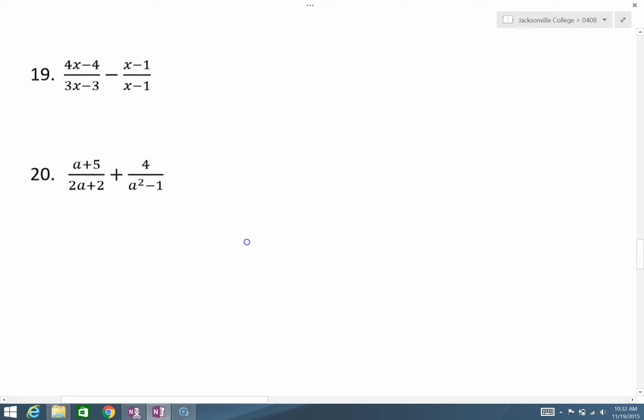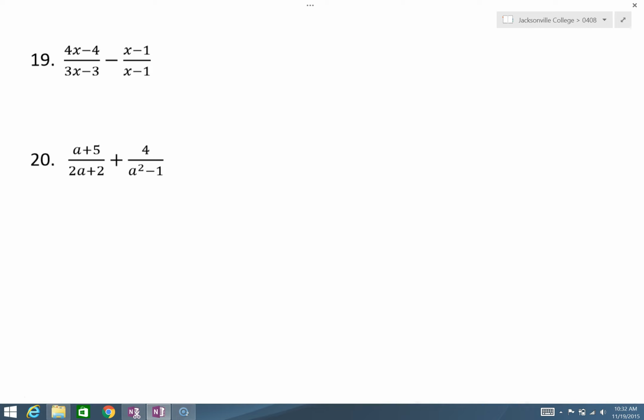Alright, lastly, number 20. I will begin by factoring. I need a common denominator, so I need to factor the denominators. 2a plus 2 will factor into 2 parentheses a plus 1. a squared minus 1 is a difference of 2 squares. It's a plus 1, a minus 1.